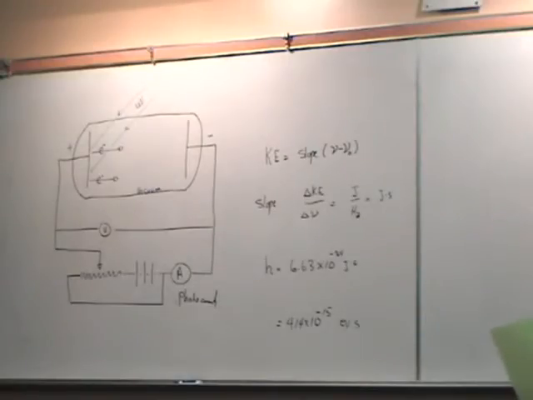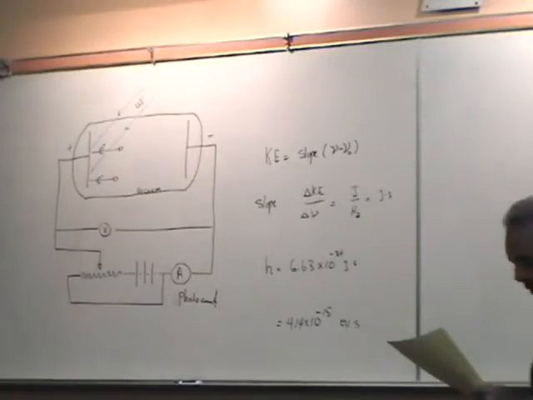Times 10 to the minus 15 eV seconds. Okay, you can use the slope either way, depending on which set of units you're working in. Joules, if it's a high energy experiment, or electron volts if it's a low energy experiment.